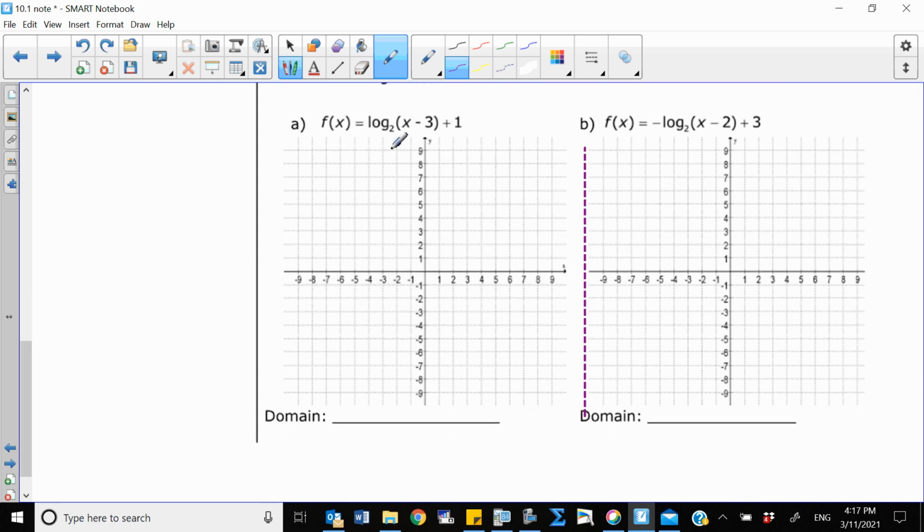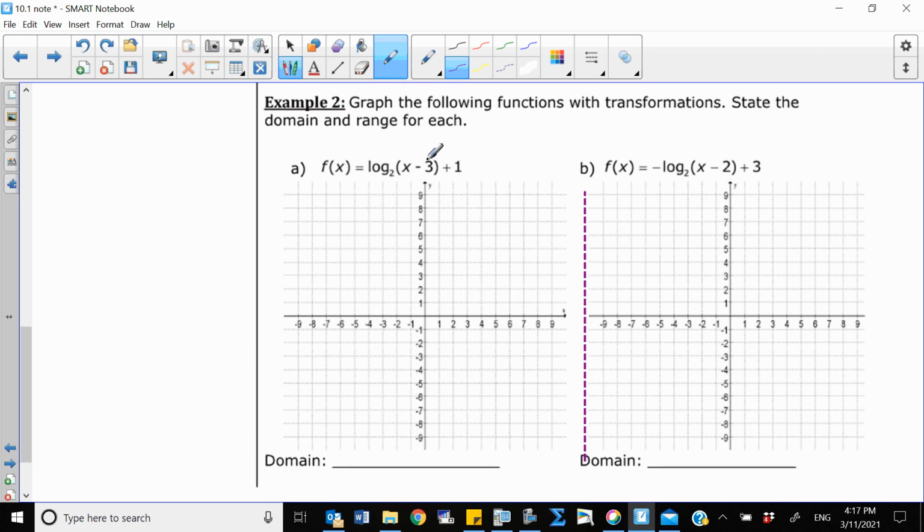So let's work on these ones. In this function, we have log base 2 of x minus 3 plus 1. So this means we are moving our function 3 to the right and up 1. So how do I graph this? We know that the parent function of this function is going to be y equal to log base 2 of x.